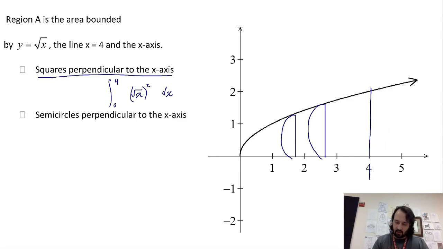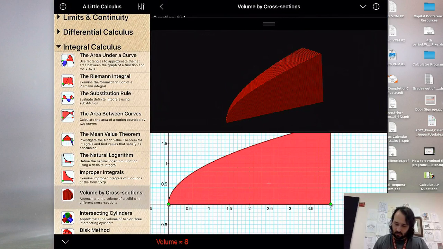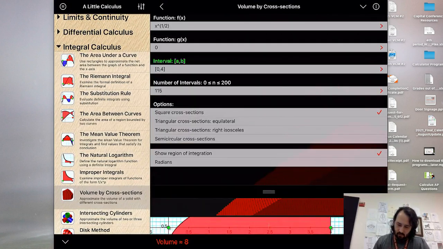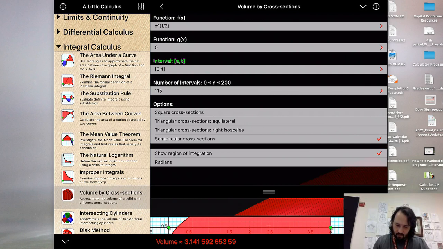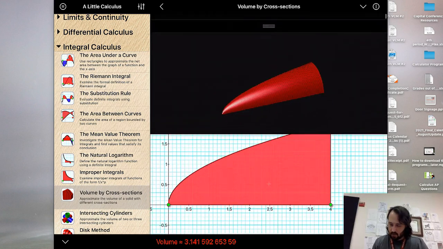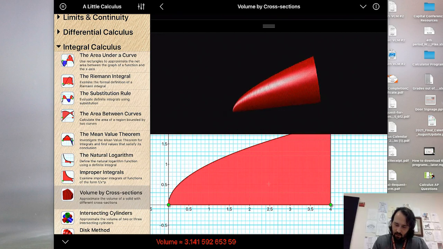So if I look at it, I do semicircle cross sections. Let me do it on the side. Okay, but there's my figure again, and there would be right about there, something like that.